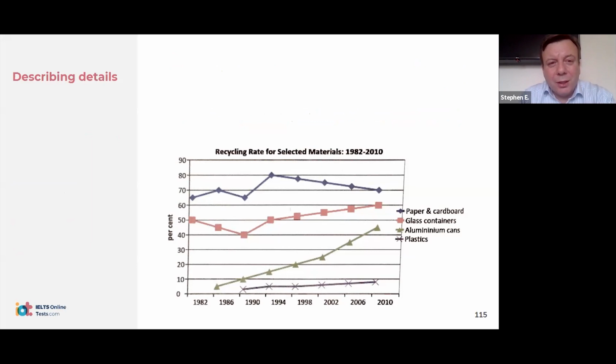Okay, so let's have a look at the next paragraph. So aluminium cans were first recycled in, okay, yeah. Okay, well, we'll go for 86. Okay, it's in the 86, so good. Starting at about 5%. Okay.